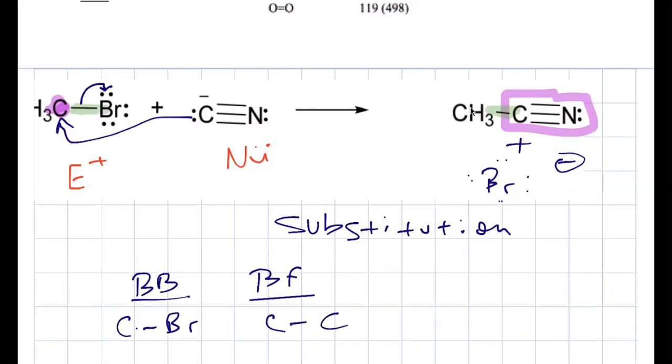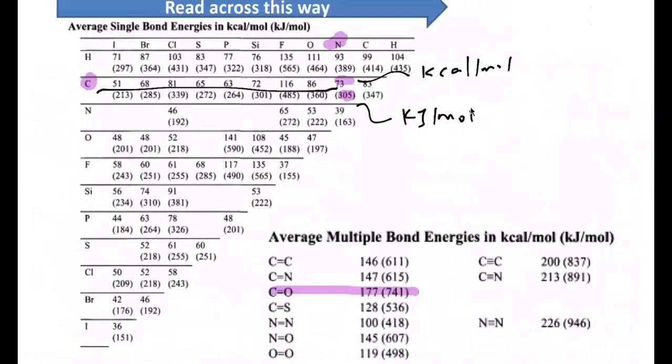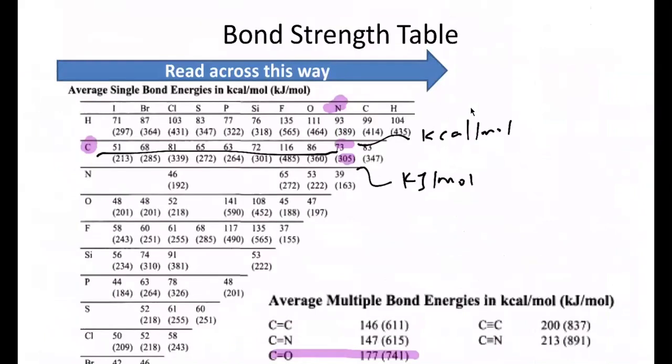Good. Let's go back to our chart and see what we got. So here's carbon, and then I made a carbon bond. Let me erase this. I'm going down to here. Here's carbon, and then here's carbon on this side. So that's what I'm looking for.